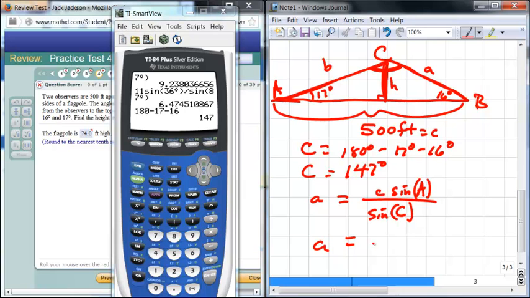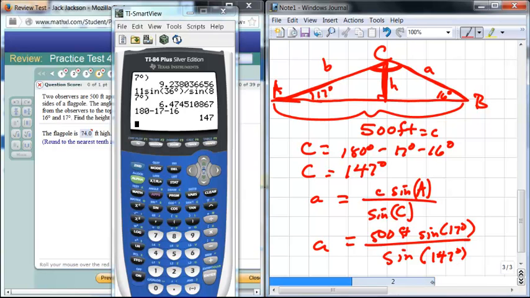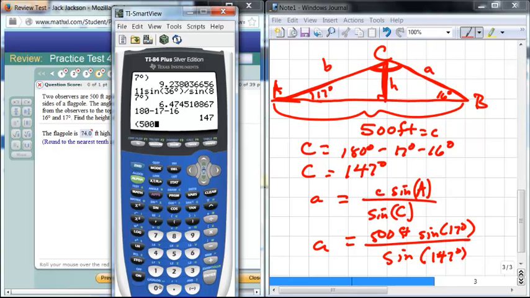This will allow us to solve for a: 500 feet times the sine of 17 degrees over the sine of C, which is 147 degrees. So 500 times the sine of 17. You know what? Let's just go to degree mode for a little while.